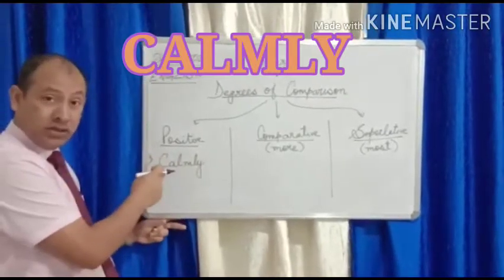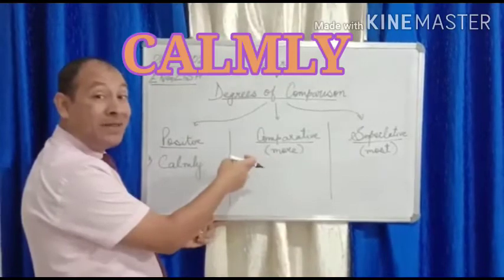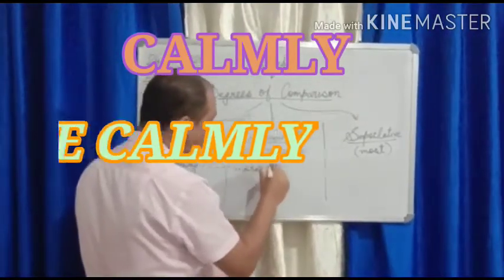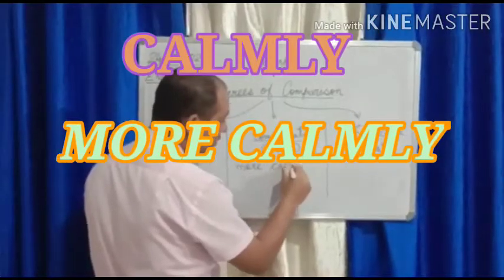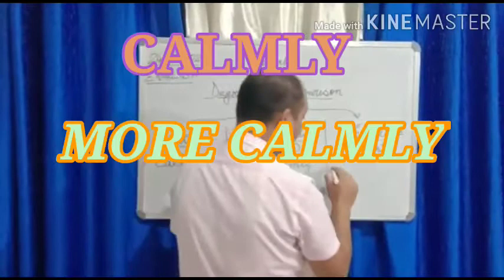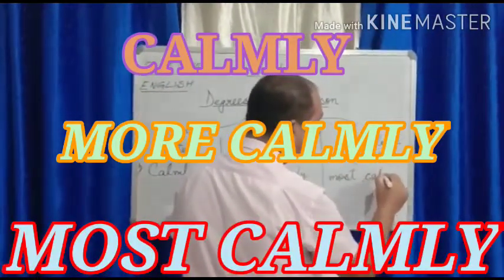Calmly, 2 syllables. Now calmly cannot become calmlier, it becomes more calmly. And to make it the superlative form, we have to add most calmly.